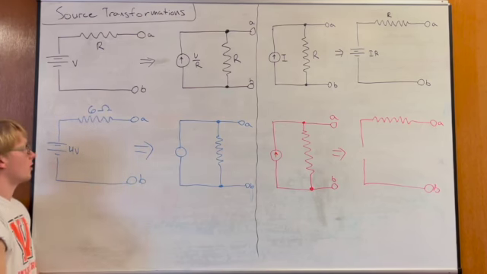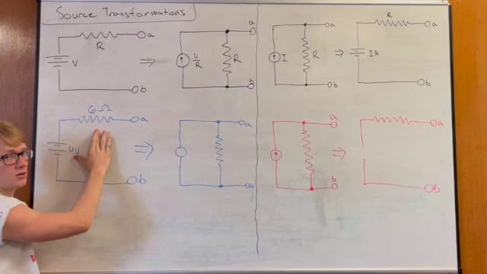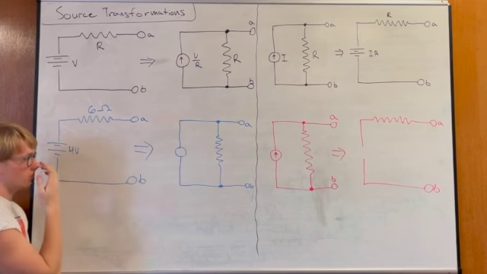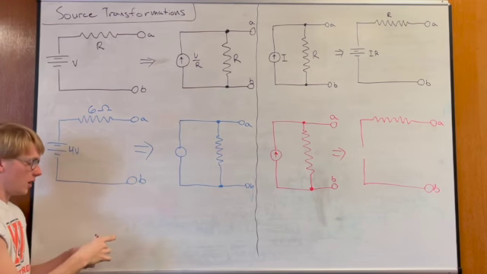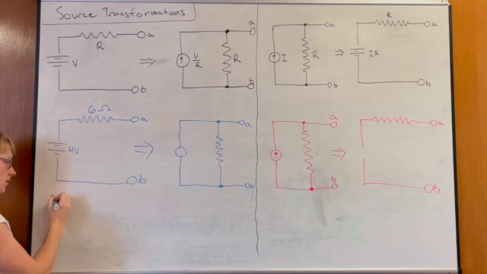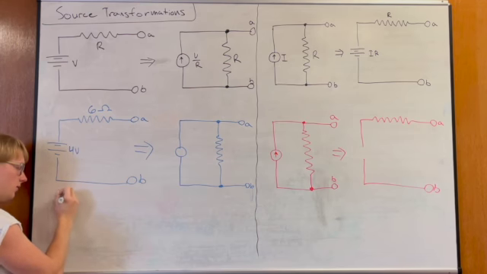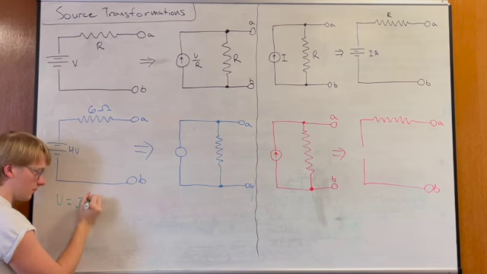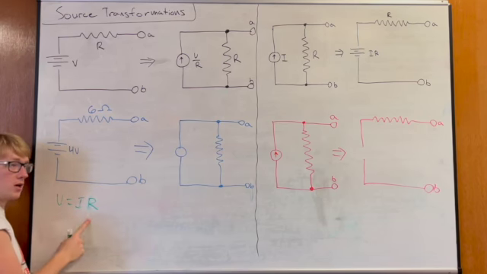Okay, so we're gonna transform this simple circuit into this simple circuit using these numbers. And so our equation that we're gonna use is V equals IR. Right, V equals IR.